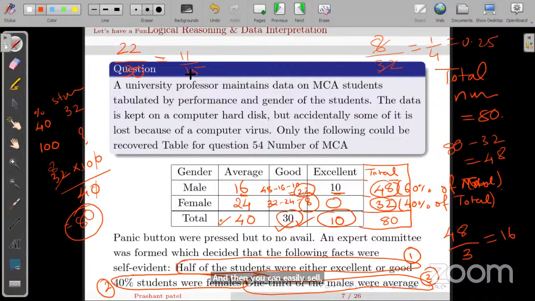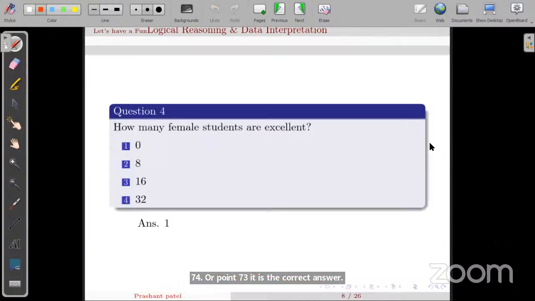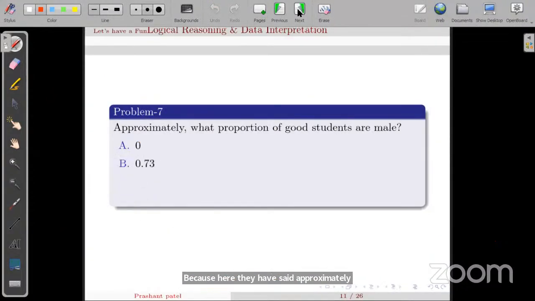Guys, are you following? Because there is no answering from your side. So yeah, Rishabh, you are correct. 0.74 or 0.73 is the correct answer, because here they have said approximately. So the question is, what is approximately the proportion?